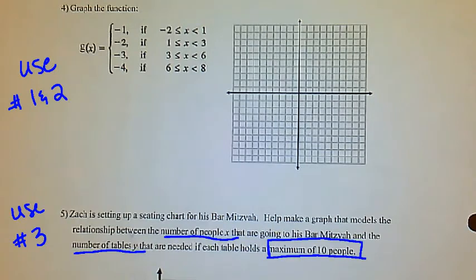So that is going to be from 0 all the way to 10. So that's the range. And then at each one, you can have 10 people. So obviously at 0, you'd have 0 people. At 1, you'd have 10 people, and so on. Okay?